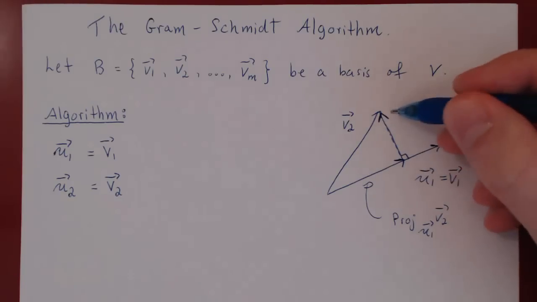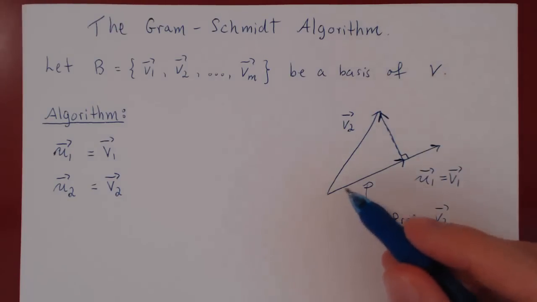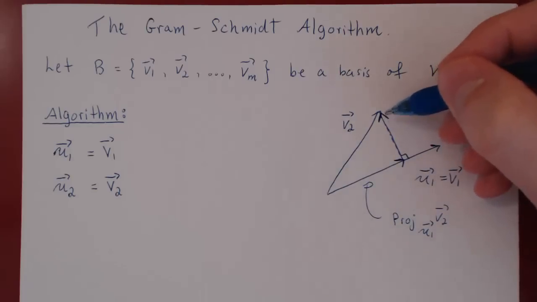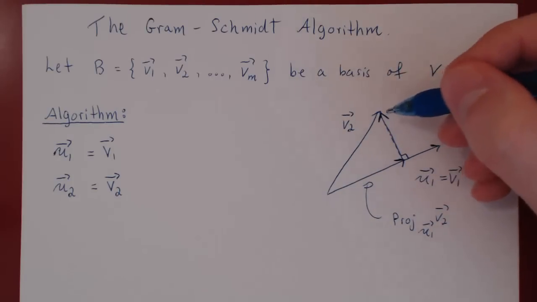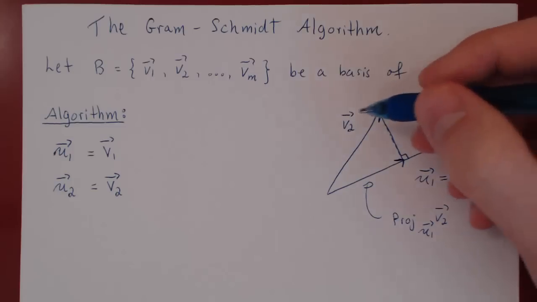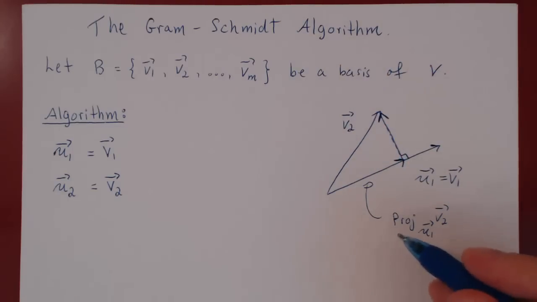So we only keep this component. Well, of course, this vector plus this vector is v2, therefore the orthogonal component is going to be v2 minus the projection of v2 onto u1.